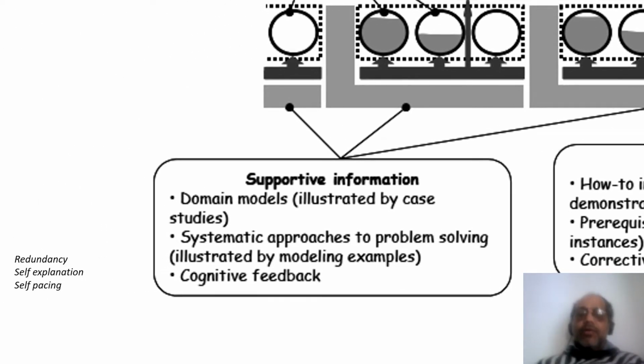The third of 4 components that Merrienboer looks at is the notion of supportive information. And here, instead of corrective information as you have with the procedural way of giving demonstration, here you are giving cognitive feedback.